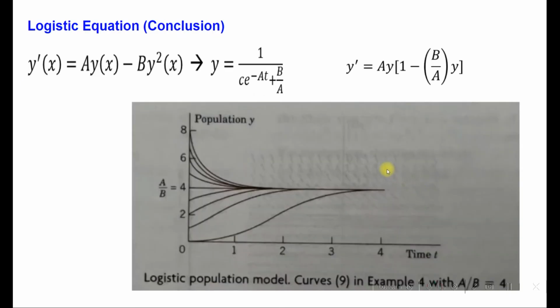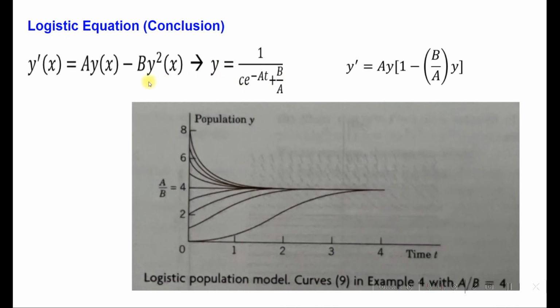Logistic equation plays an important role in population dynamics, which is a field that models the evolution of population of plants, animals, or humans. This is the expression of the logistic equation, and this is the form of the solution.